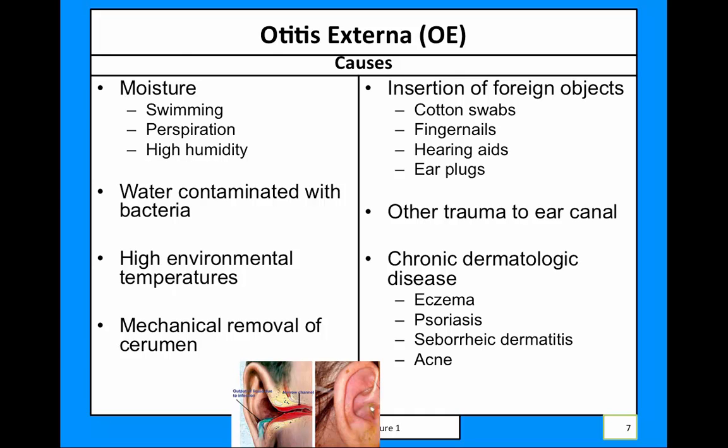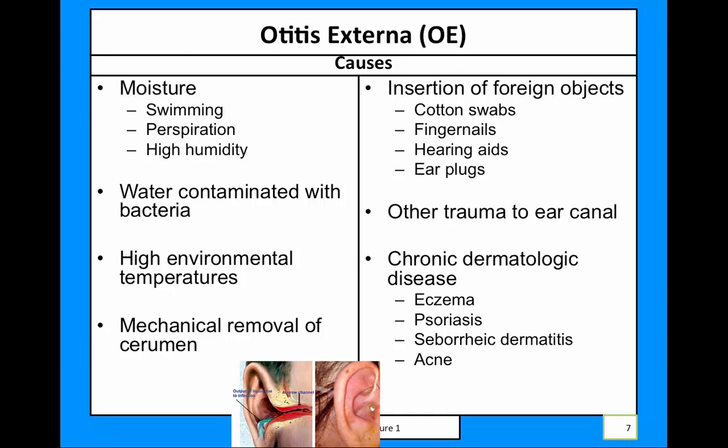So, causes of otitis externa. Moisture, swimming, as you saw in the previous slide, there's a little boy in the pool, perspiration, high humidity. So consider this when, perhaps in the summertime, a lot of children are in swimming pools, or maybe they went to Florida for vacation and they come back and they have a really painful ear.